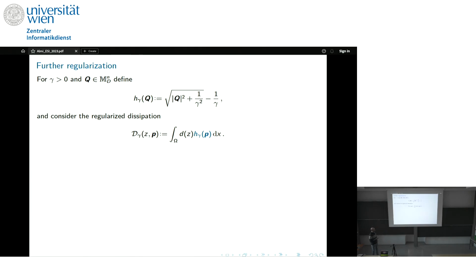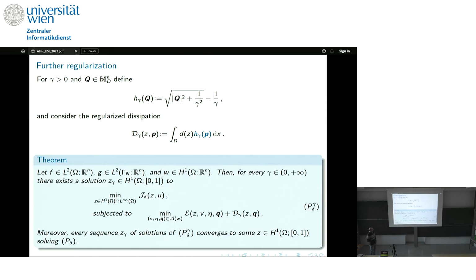It's not really a dissipation if you want to think about rate-independent systems, since it is not one homogeneous. But it is convergent, of course, to the original one. Okay. So the equilibrium problem again is not so much of a novelty, but given delta and gamma, you solve this problem. So this is what you are actually working with later on for the optimality conditions.